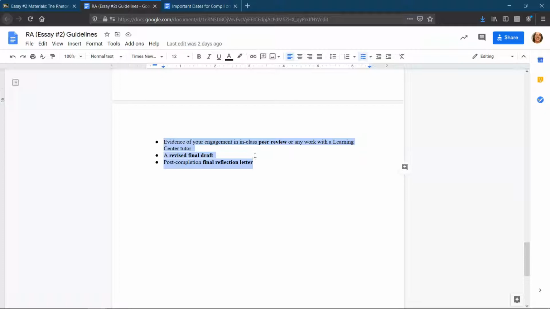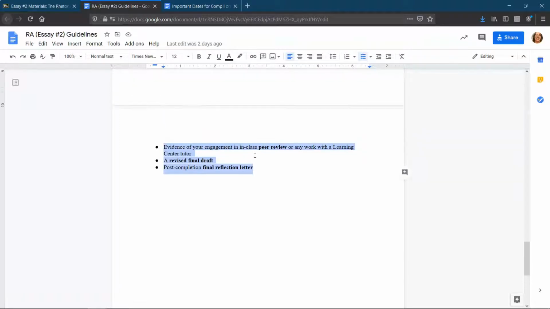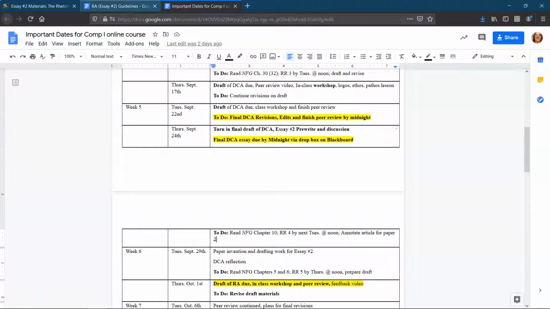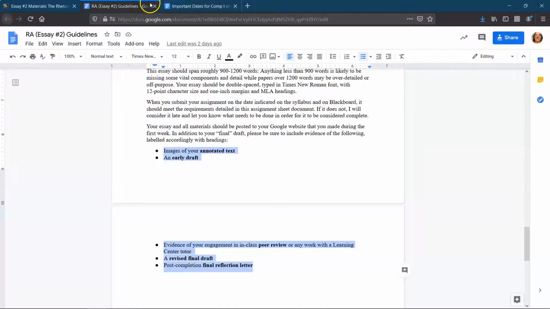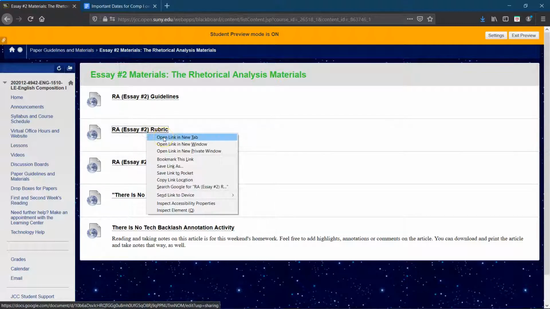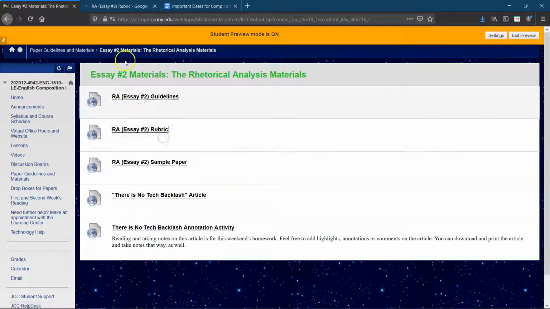And of course, a post-completion final reflection letter. And next Tuesday, I will talk about the post-reflection letter for the DCA. Anyway, that is basically, in a nutshell, what we're doing for the second paper.